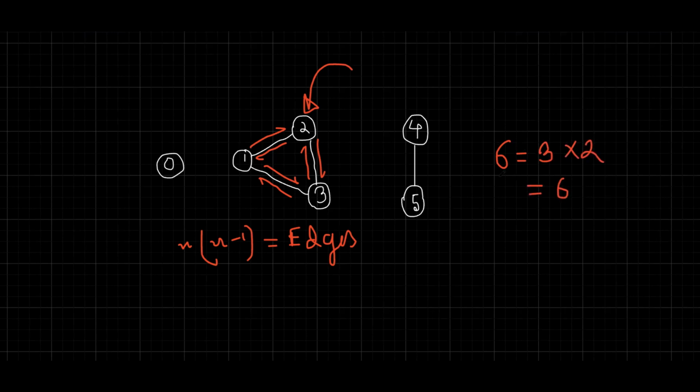So the number of nodes into the number of nodes minus 1 is equal to the number of edges. Now the intuition is very simple. For each of the subgraphs, we have to calculate how many edges and how many nodes we can get. If the number of nodes into the number of nodes minus 1 is equal to the edges, we consider this a complete component.